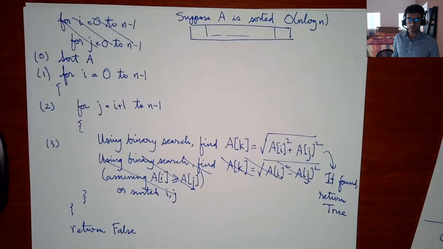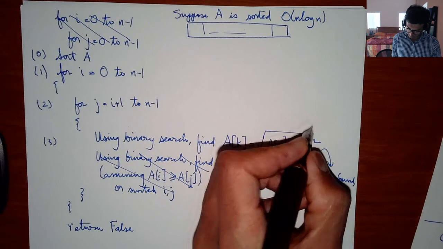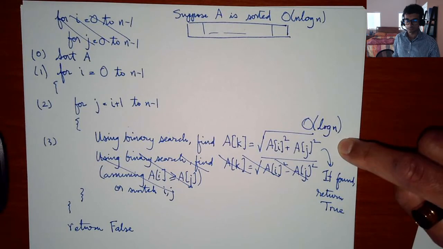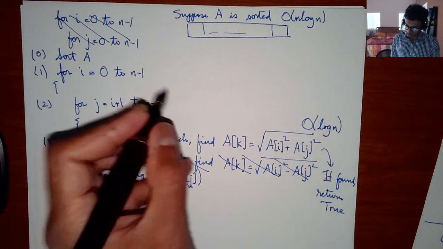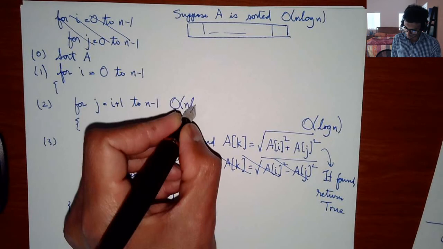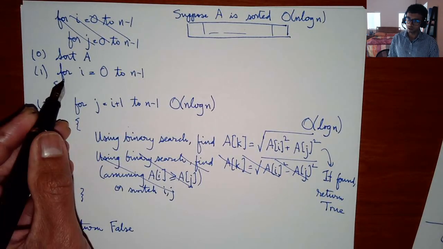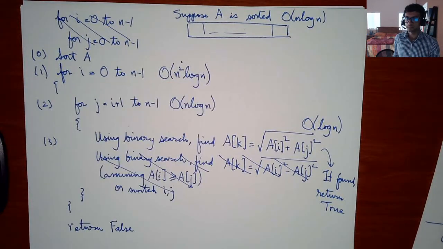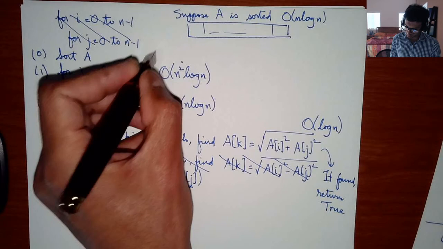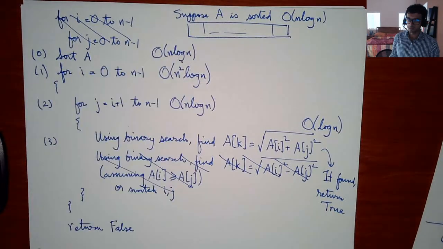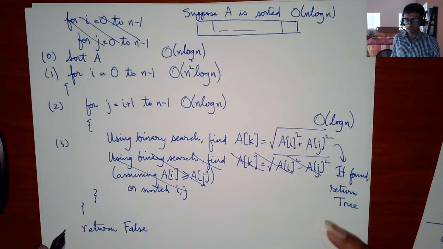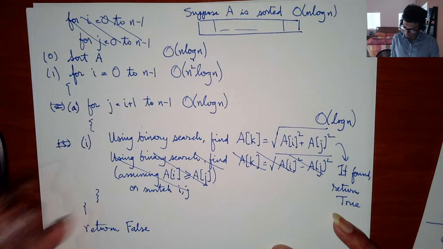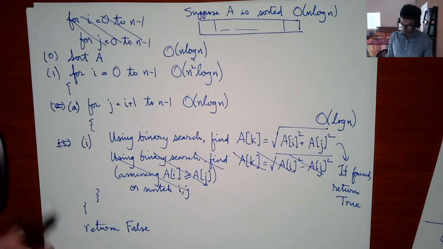Okay, now let's go ahead and write down the runtime. O of log n. That's for the binary search. How long is this going to take? This is going to take O of n log n. How long does the outermost one take? It takes O of n square log n. How much does the sorting take? It takes O of n log n. So technically, instead of calling this 2, 3, I should call this A. I'll just number it differently so that you see that they're nested.